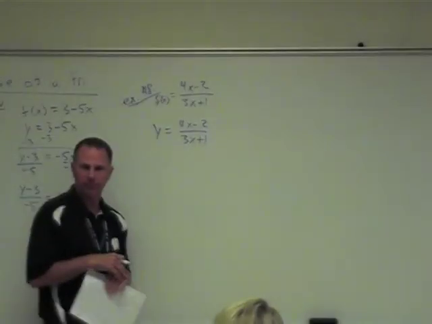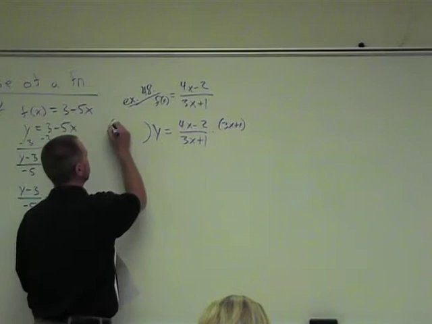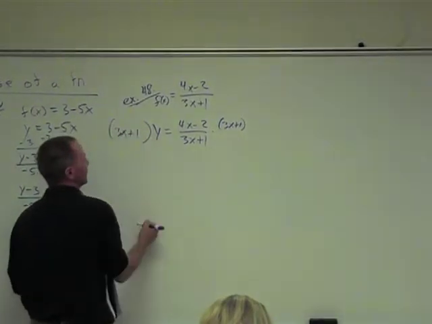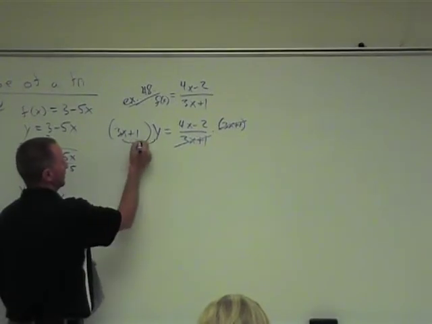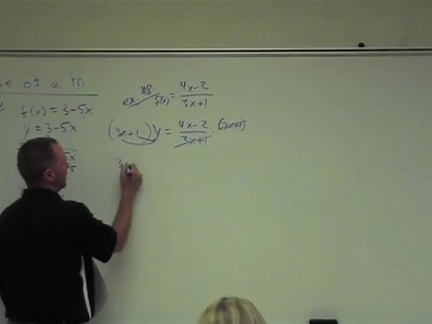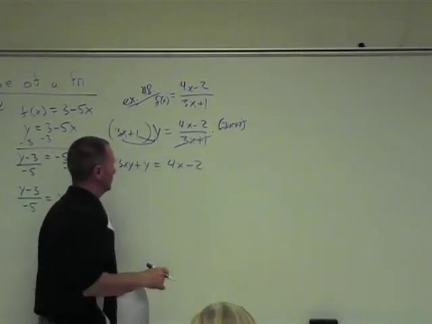How do we do that? Multiply by it. So we're going to multiply both sides by 3x plus 1. Okay, those reduce out, and on the left, I'm going to distribute and get 3xy plus y equal to 4x minus 2.